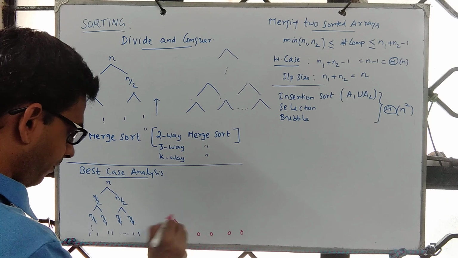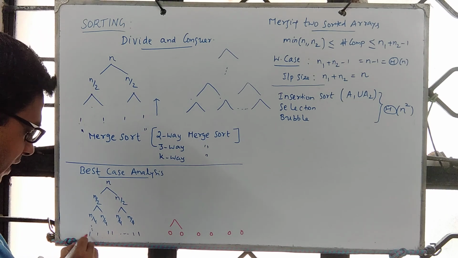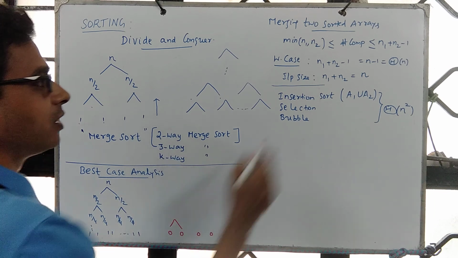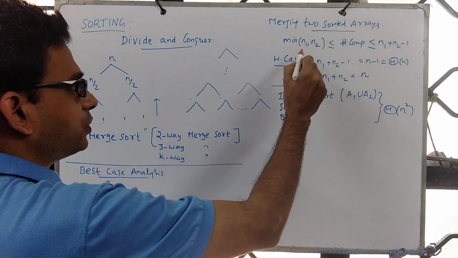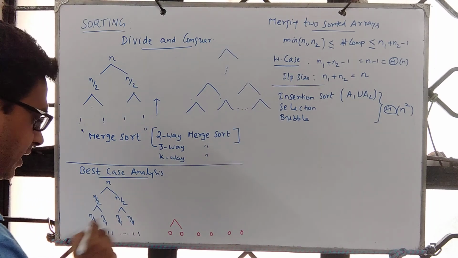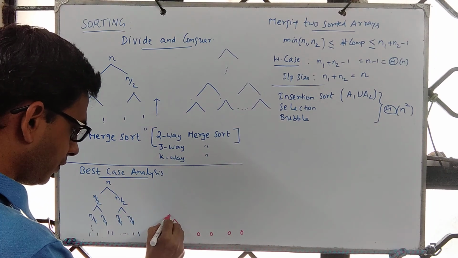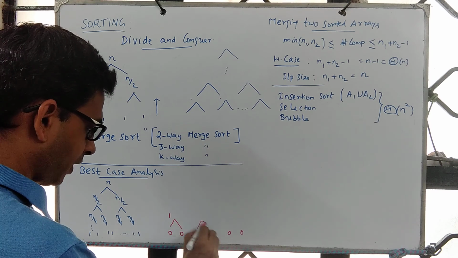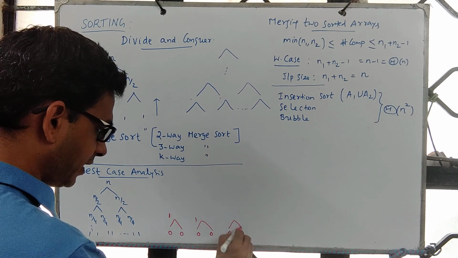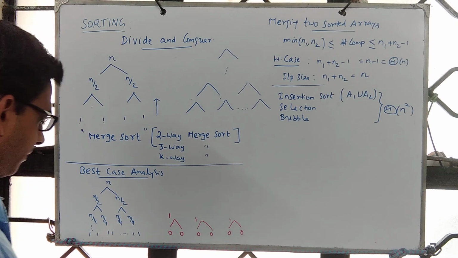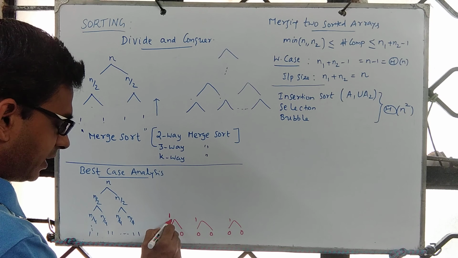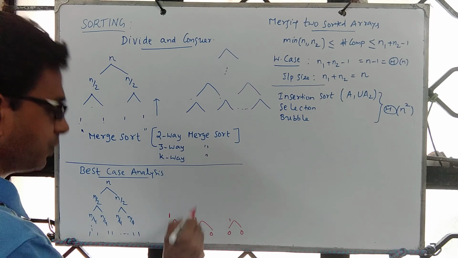Now you come over here. Now you have a sorted array of size 1, sorted array of size 1. So n1 is 1 and n2 is 1. And to get a sorted array of size 2, in the best case we need only one comparison. So at this level we need one comparison. Correct? Now at this place you have a sorted array of size 2, sorted array of size 2.